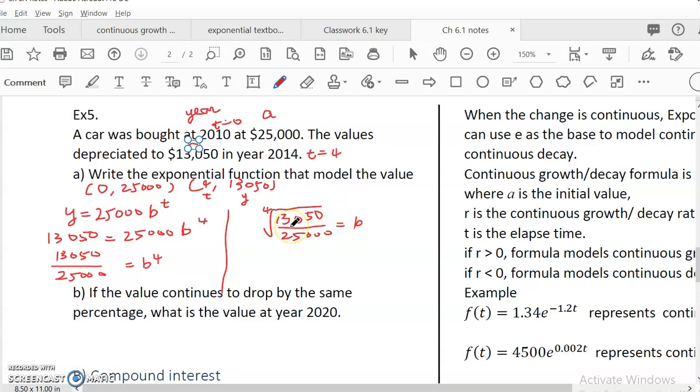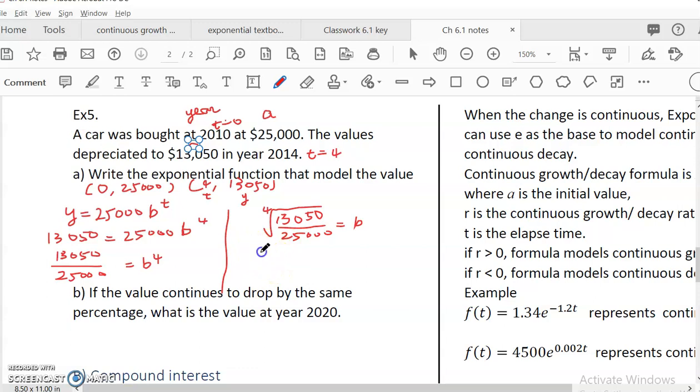So what do you do? Put it in the calculator. 4th root of 13,050 divided by 25,000. If you don't know how to do your root in your calculator, just email me, because I don't know what calculator you have.